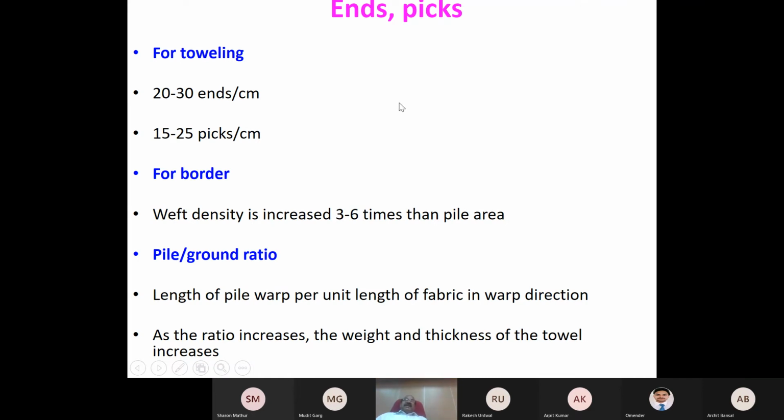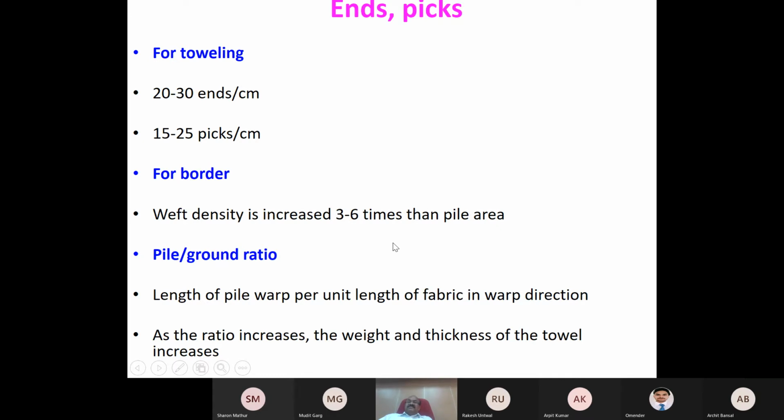What kind of thread density is used in towel weaving? For a towel, normally end density is 20 to 30 ends per centimeter. Pick density is 15 to 25 picks per centimeter. Typical towel. Okay. For the border, weft density is increased 3 to 6 times.